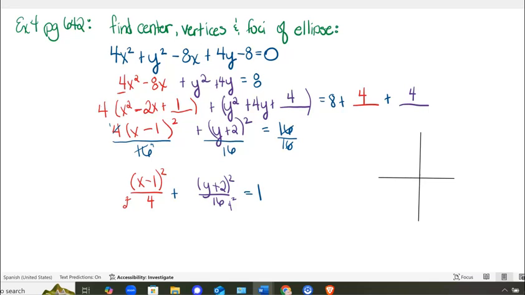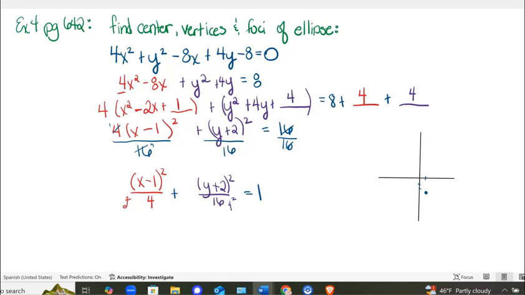And so if I were to plot the points here, I would say, okay, my center is at the point 1, negative 2. So I'm going to come over 1 and down 2. My center is going to be right here.